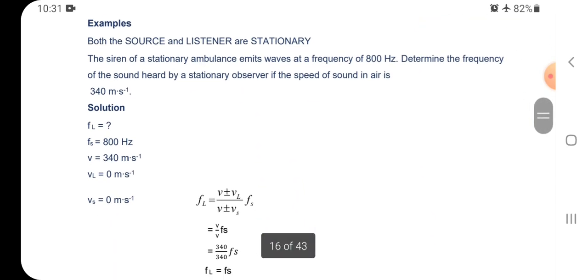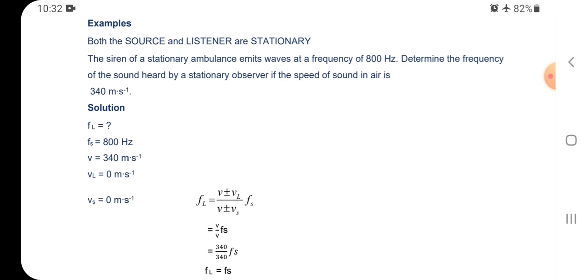Now, the siren of a stationary ambulance emits waves at a frequency of 800 Hz. Determine the frequency of the sound heard by the stationary listener if the speed of sound in air is 340 meters per second.